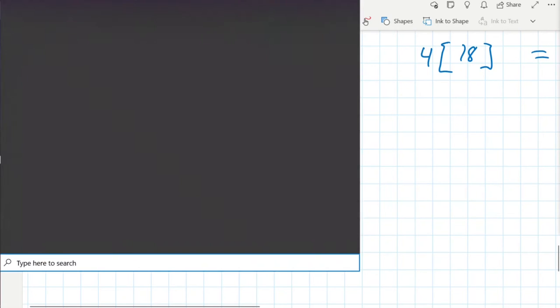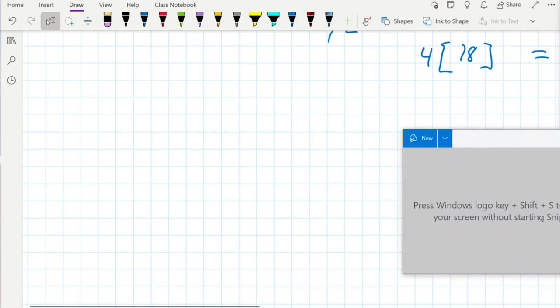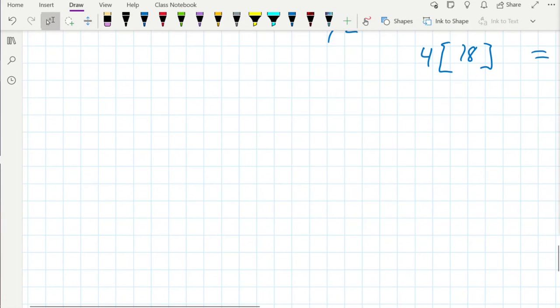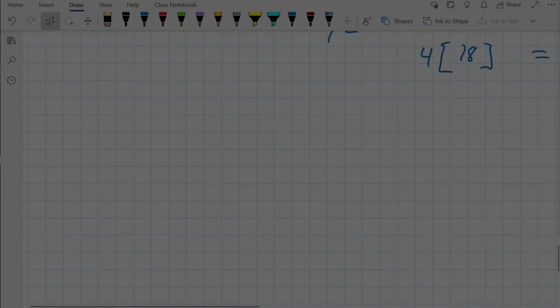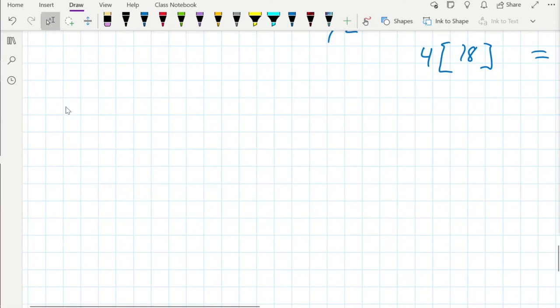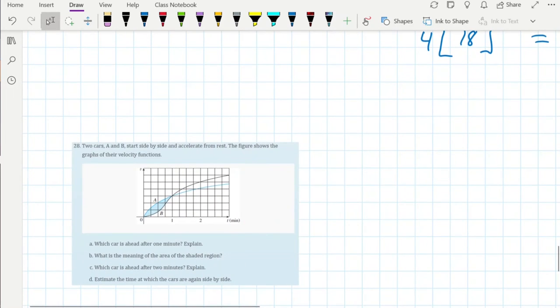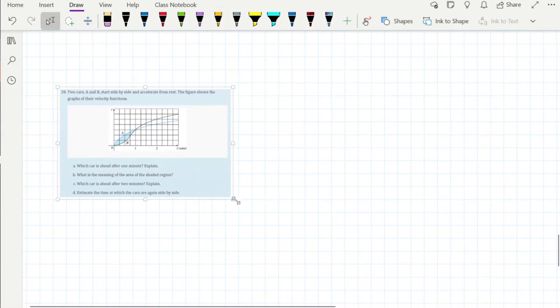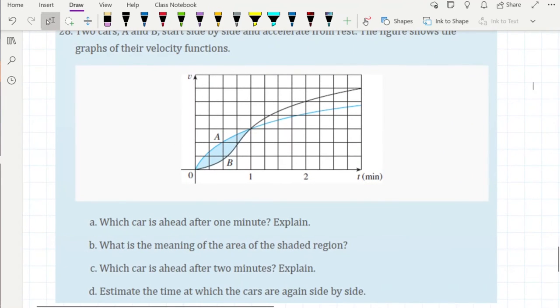And let me just get a screenshot of this. And I believe he did this problem in class, but we can still do it here just to refresh memory. If I remember, he did this at the very end of class.